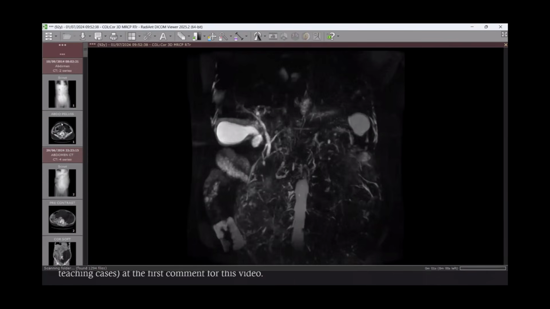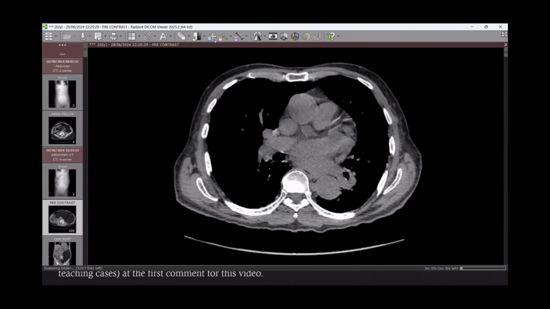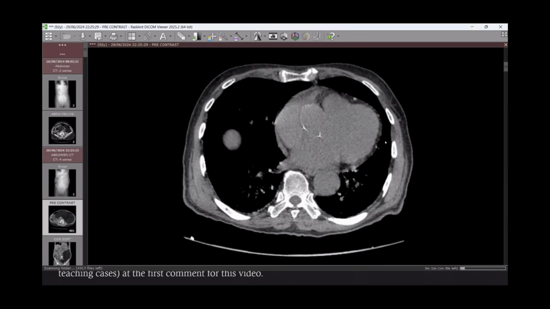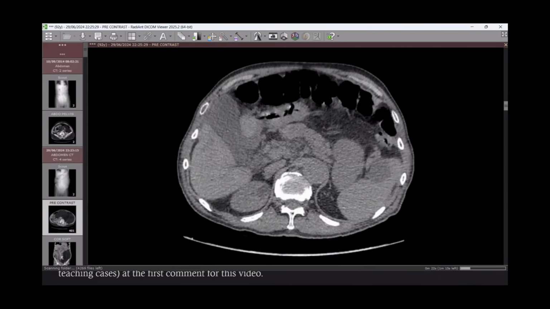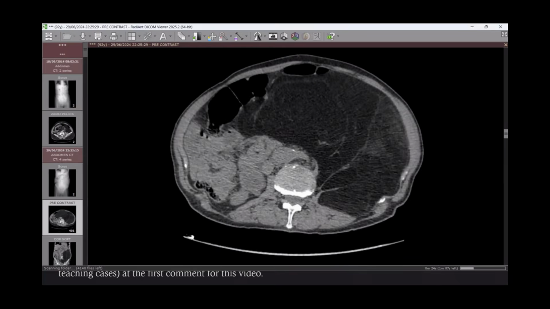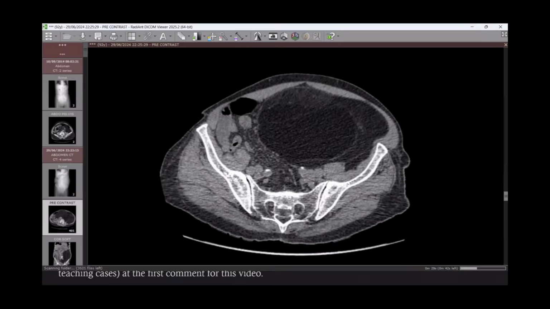Okay, this case, let us see this one. This case came to me complaining of abdominal pain. Can you scroll, please? Abdominal pain. Okay, again, this is the CT abdomen, non-contrast.